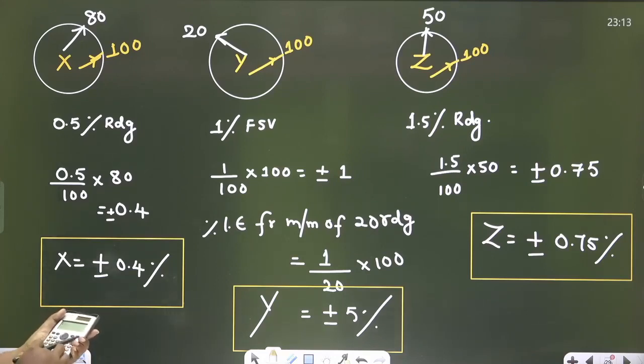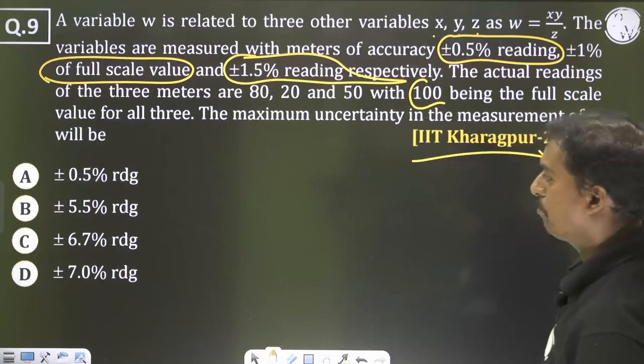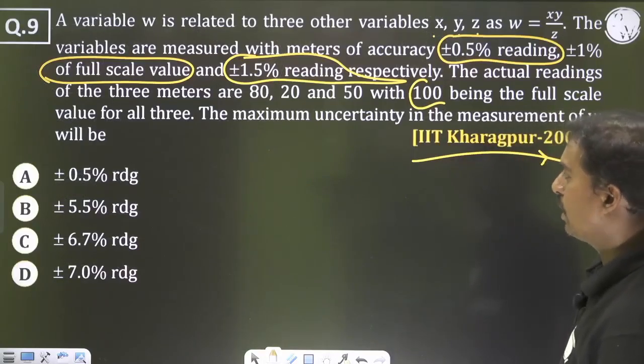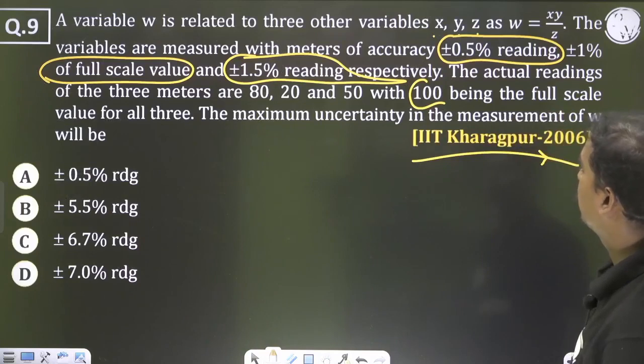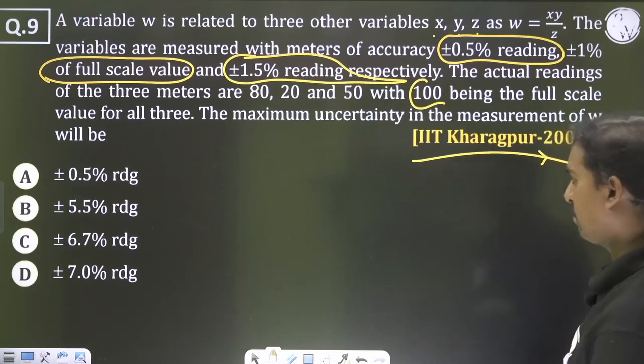So 0.4 plus 5 plus 0.75, 6.15 is coming, but I think the 6.15 option is not there. Option C is coming, right? Yeah, 6.15 is coming.